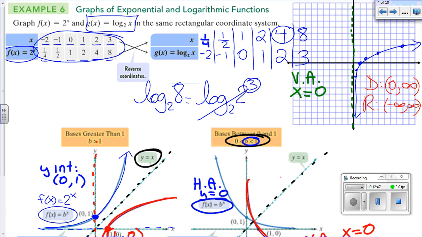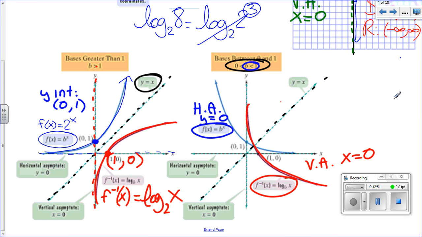You could see them here both with a base greater than 1. The exponential is increasing, and the logarithmic function is also increasing. It's just increasing at a slower rate. When your base is less than 1, the exponential decreases, and also the logarithmic decreases.